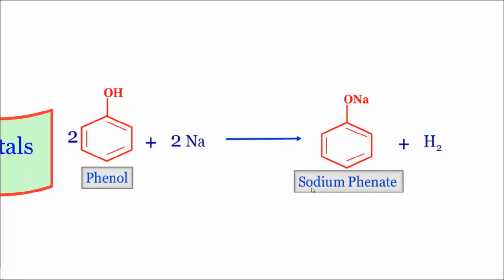This formation of sodium phenate clearly indicates that the reaction involves the cleavage of the OH bond. There is no disturbance between the carbon of the benzene ring and the oxygen of the hydroxyl group linkage. This bond remains intact. Cleavage happens only with respect to the OH bond. Therefore, we end up with the formation of sodium phenate, which is a salt, associated with the release of hydrogen. This reaction, as it releases hydrogen, clearly indicates the acidic nature of phenol.